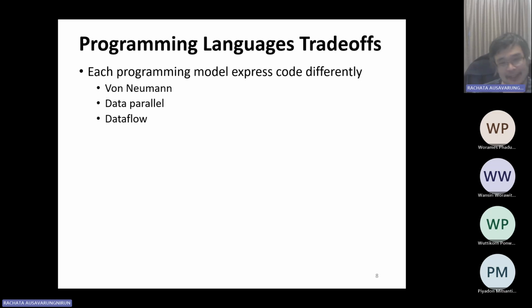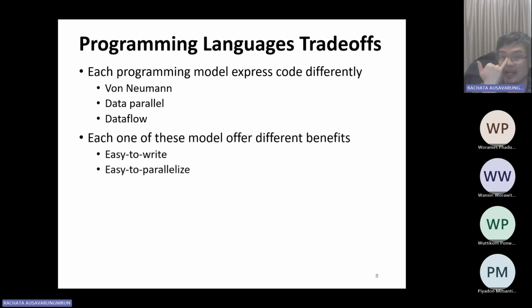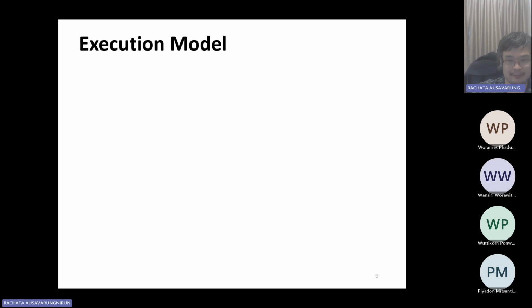Functional languages are more friendly to a data flow model because in the data flow model, things fire off as soon as the operands are ready. Some of these are easy to write, and some are designed so that it's easy to parallelize and easy to make fast.